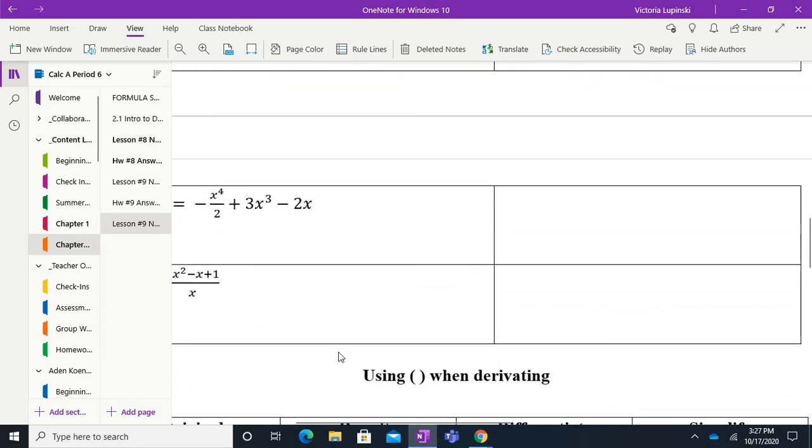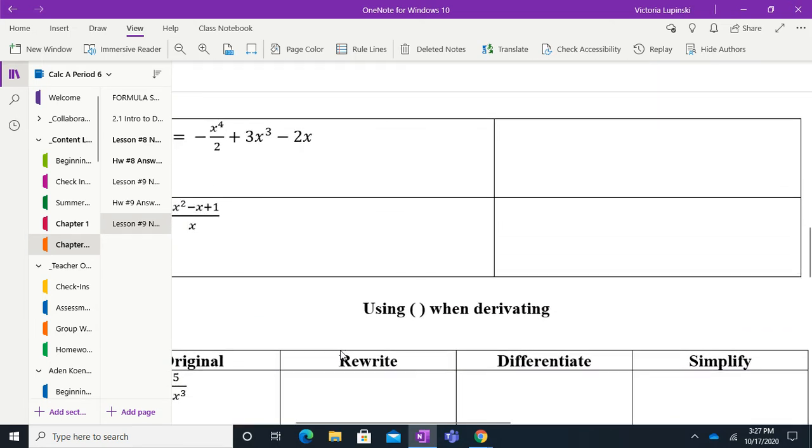Then if you flip to the back, you'll see a couple more here. So negative x to the fourth over 2 plus 3x cubed minus 2x. Again, really the only thing that I would recommend is, with negative x to the fourth over 2, I would rewrite that as negative 1/2 x to the fourth. It just helps to kind of separate it a little bit so you know exactly who is the constant and who is the variable. So we're going to call this g prime of x. If you bring down 4 times negative 1/2, that's going to give you negative 2.